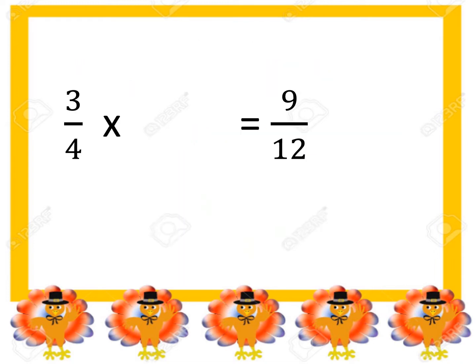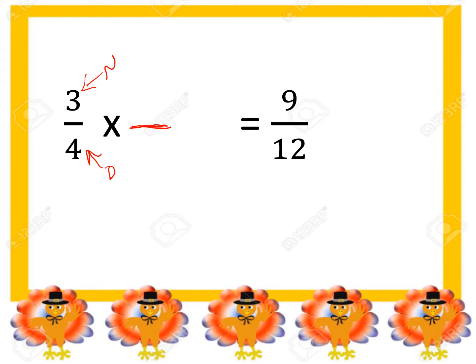So let's look at it this way. If I have 3/4 and I'm trying to find out, is 3/4 equal to 9/12? Well, the way I do that is, can I multiply the numerator, that's the number on top, and the denominator by the same number to get 9/12? Well, let's find out. What can I multiply 3 by to get 9?